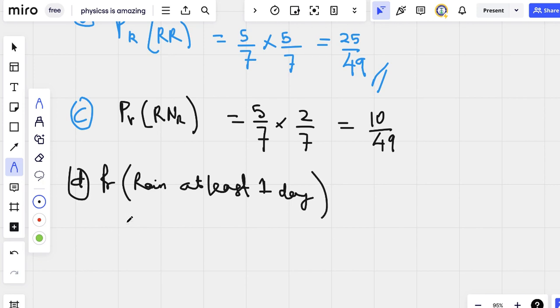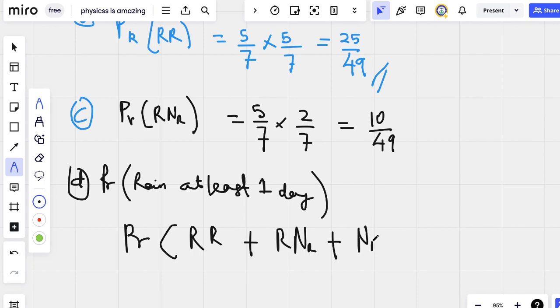It means the probability of rain on the first and rain on the second, plus, we're using plus for or, rain on the first and does not rain on the second, or, which means plus, does not rain on the first day but it definitely rains on the second day. These are all the 3 possible outcomes.